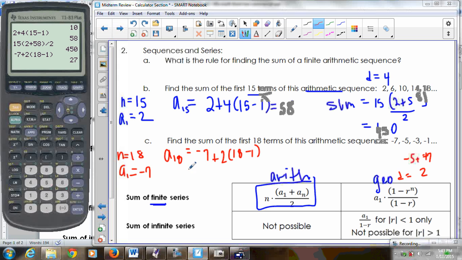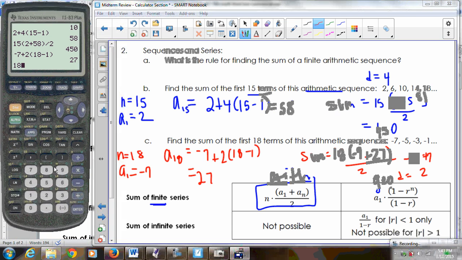And we get 27. So if I want to find the sum, I'm going to take my n value, which is 18, times the first term plus the 18th term, and all of that is going to be over 2.